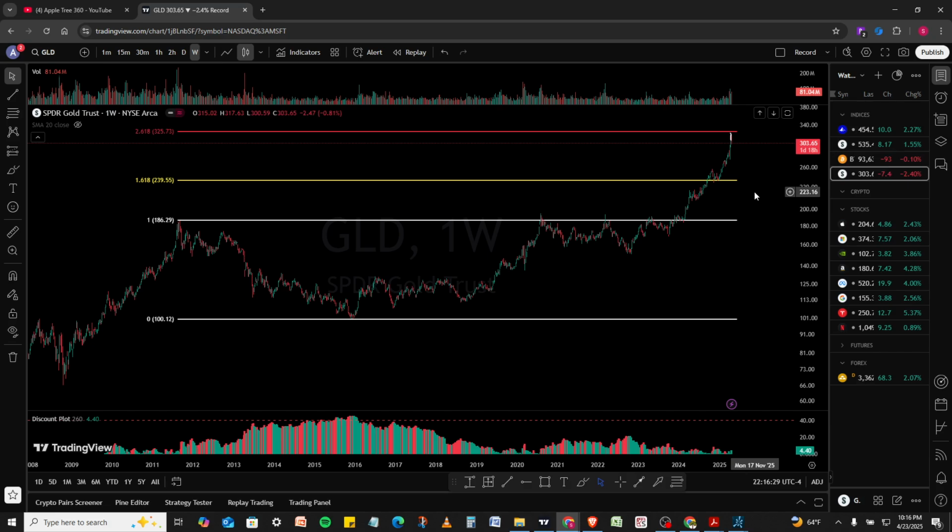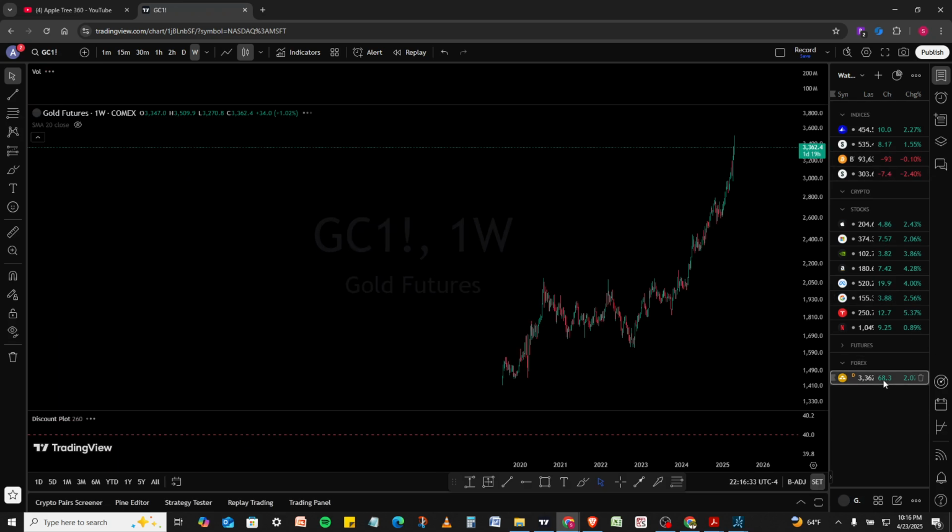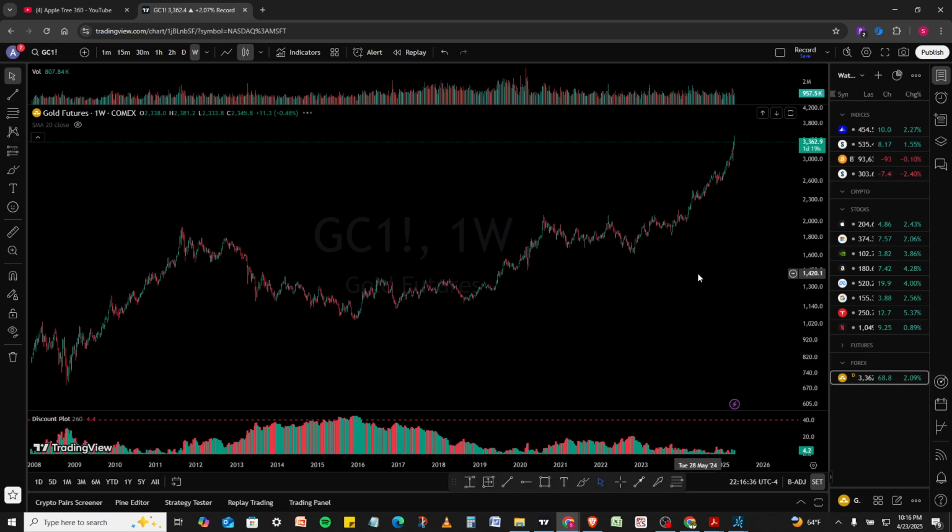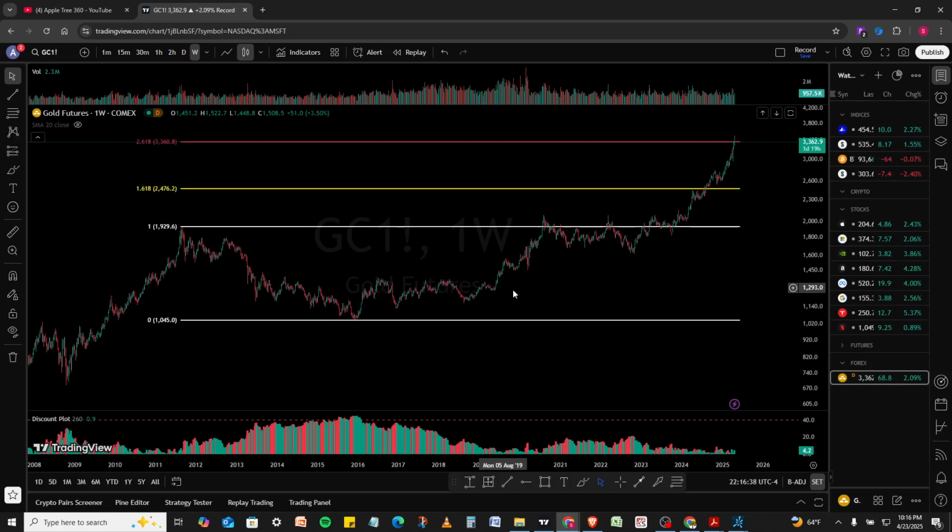Now let's look at the same chart on futures to understand how it is looking. Even on this futures chart for the gold contract, I have marked up the Fibonacci extension. As you can see on the futures chart, we have already crossed the 2.168 extension on the Fibonacci plot. So even on the gold futures chart as well as the ETF, we are at critical levels.